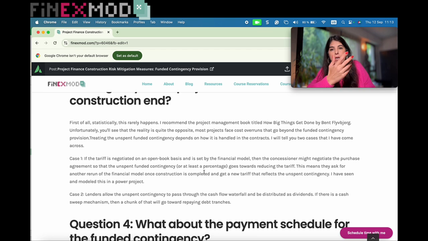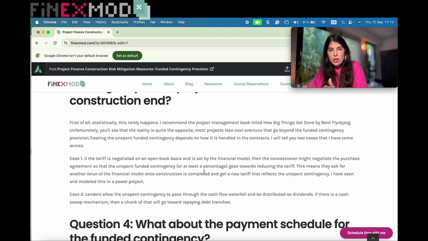I have seen different cases for how unspent contingency can be treated. One was for a power project, where in the PPA there was an article mentioning that a percentage of any unspent contingency would go toward the reduction of the tariff.